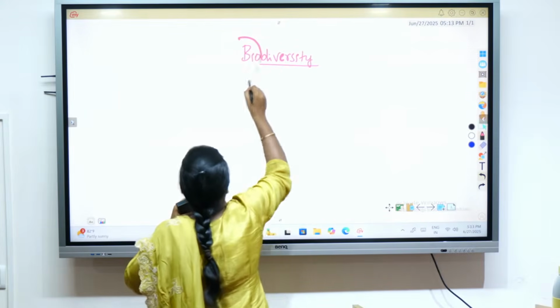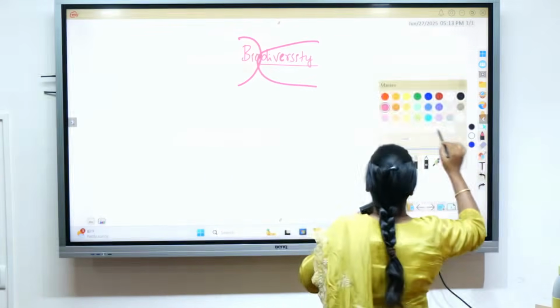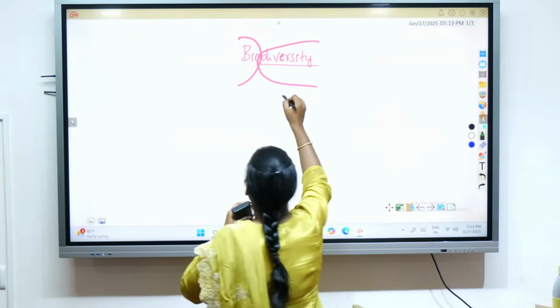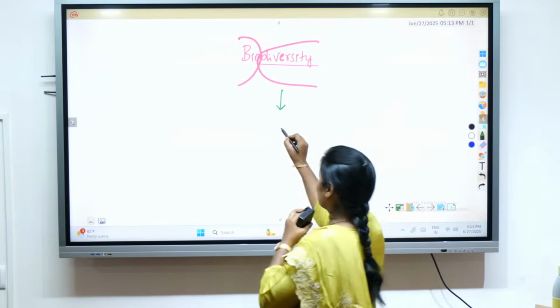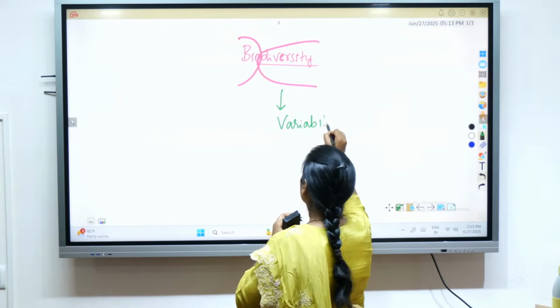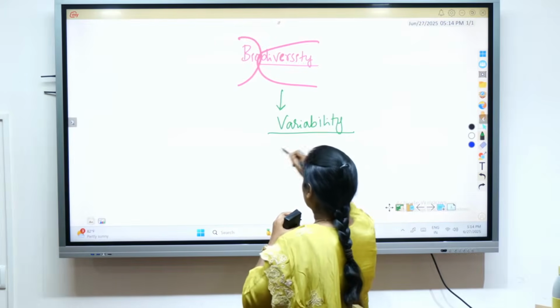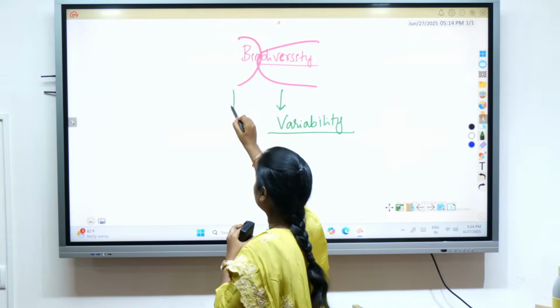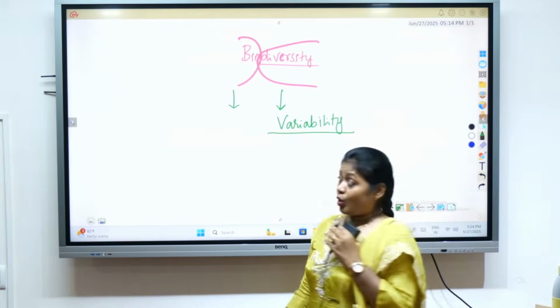What do you mean by bio and diversity? How are you going to define it? Diversity is nothing but variability. Variability of what? Of life or organisms.